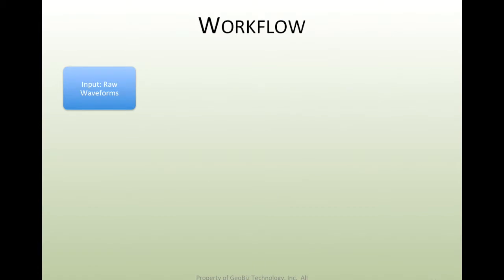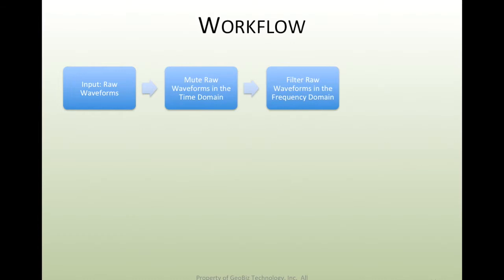This is our workflow to walk you through what it is that we're doing. So we start with the raw waveforms as stated. We can't do much with the LAS file, so we need the DLIS tape. Now we mute the raw waveforms in the time domain, filter them in the frequency domain, and target and isolate the frequency spectrum of interest.